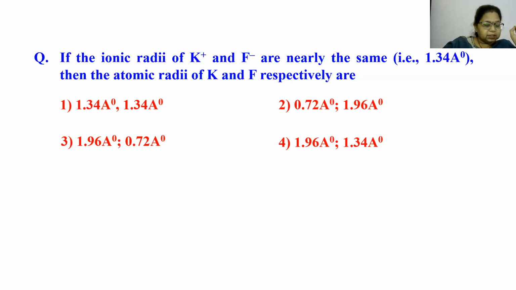The simple trick was that the size of cation is always smaller than the corresponding neutral atom. So in case of K+, the atomic radii should be smaller than 1.34. So the only logical answer will be 0.72, and since the size of anion is always larger than that of cation, that will be 1.96.